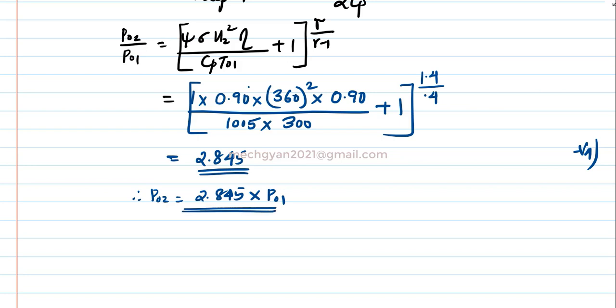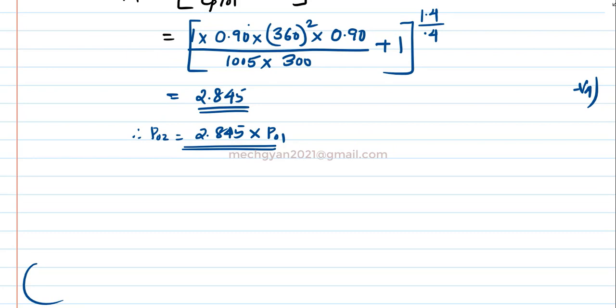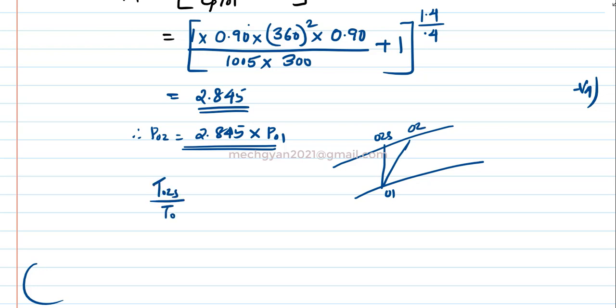Now from the isentropic relationship, with states 01, 02s, and 02, we have T02s by T01 equal to (P02 by P01) whole power gamma minus 1 by gamma.